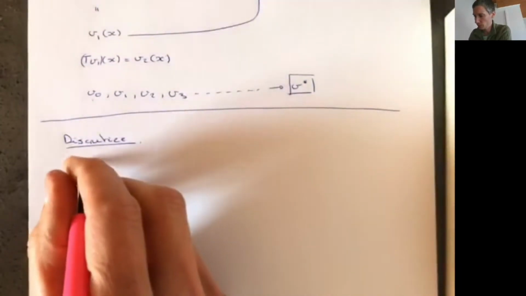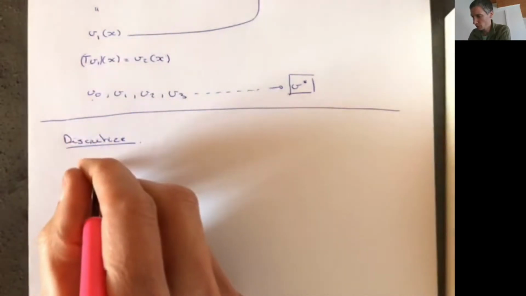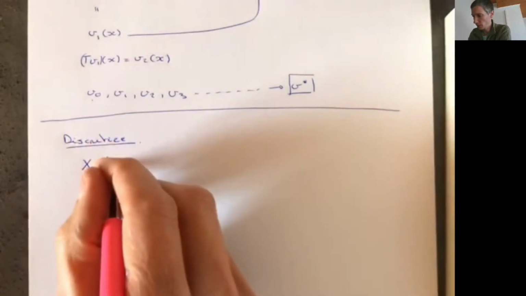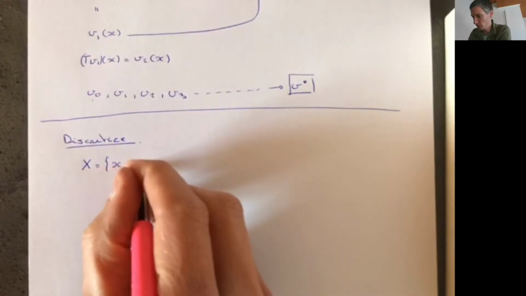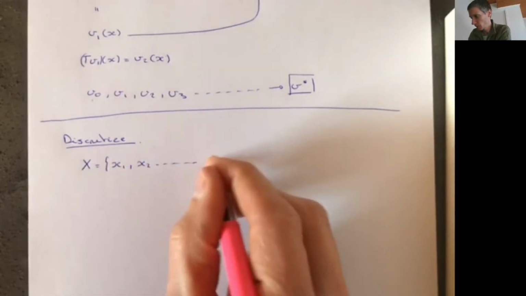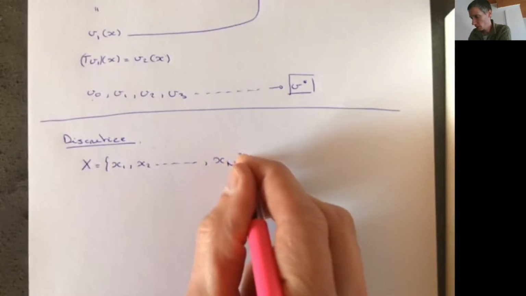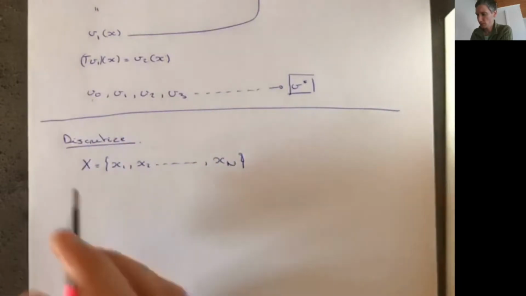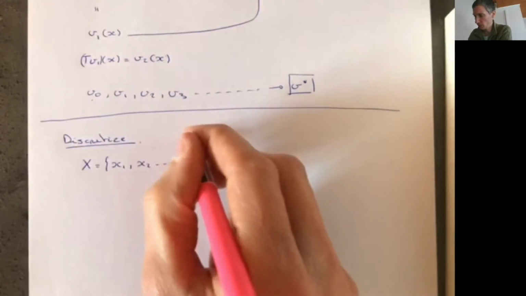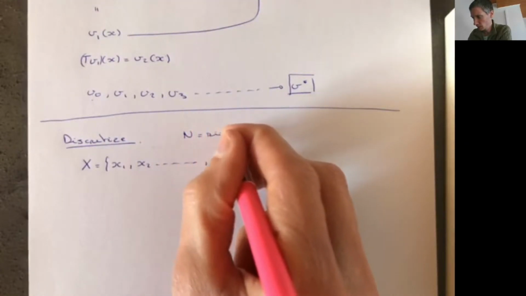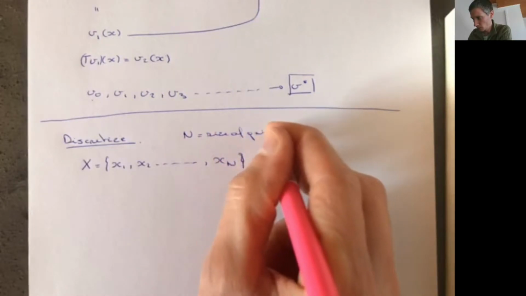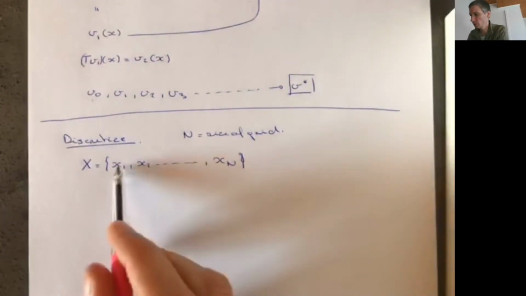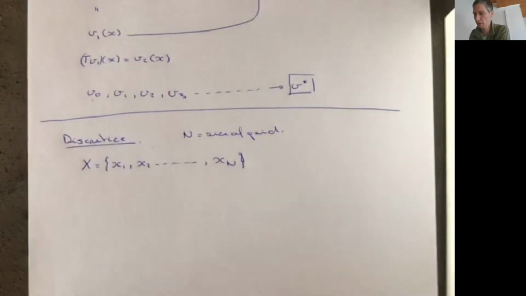In particular, we need to substitute our infinite set X by a finite set of possible x's. Let me call N the size of the grid of the set X. So in some way we make a finite grid of possible states.